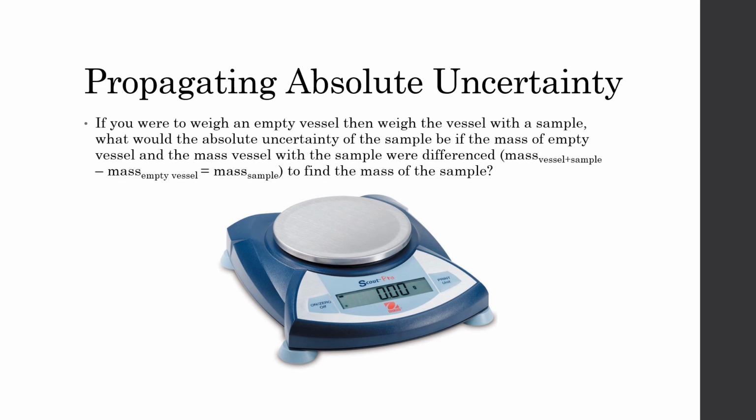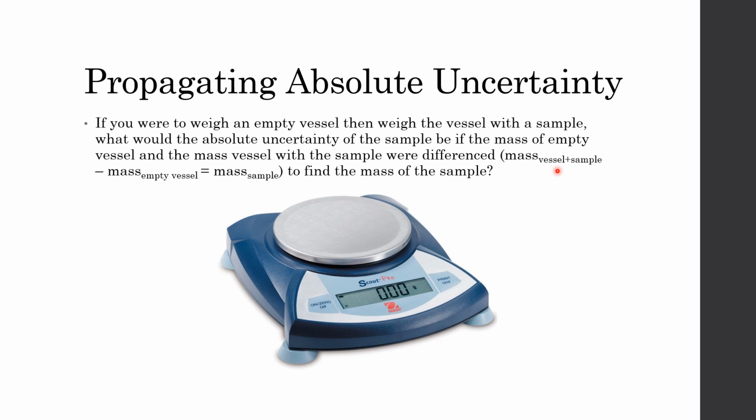All right, now let's start getting into how you propagate absolute uncertainty. The most important thing to note about propagating uncertainty is that you never, ever subtract it. Uncertainty only ever compounds. It never goes away. Say we have this example where we're trying to figure out the mass of some sample.